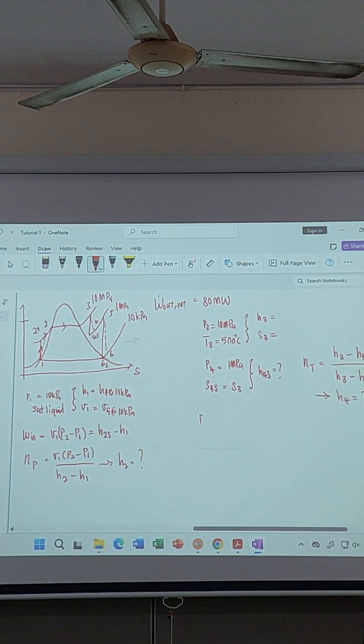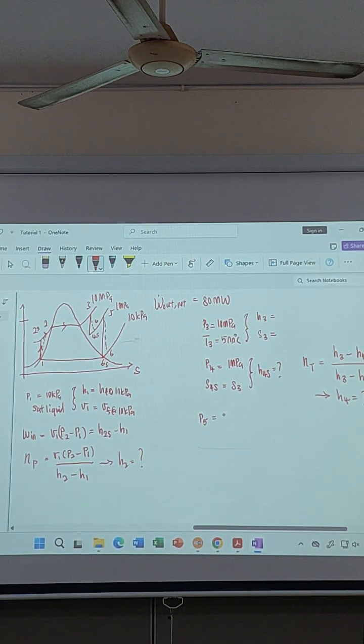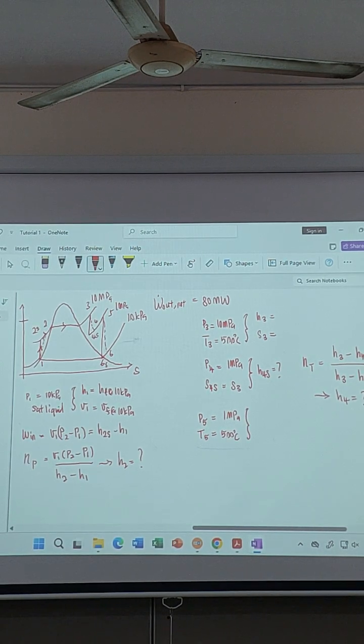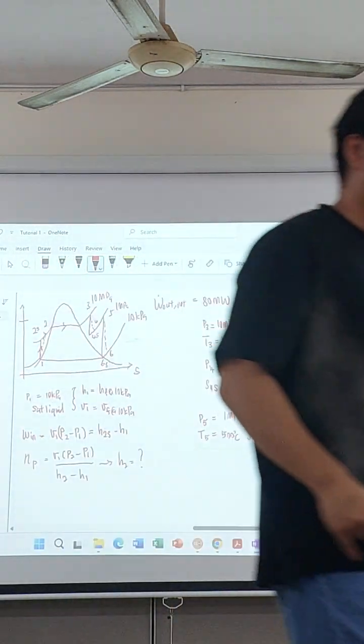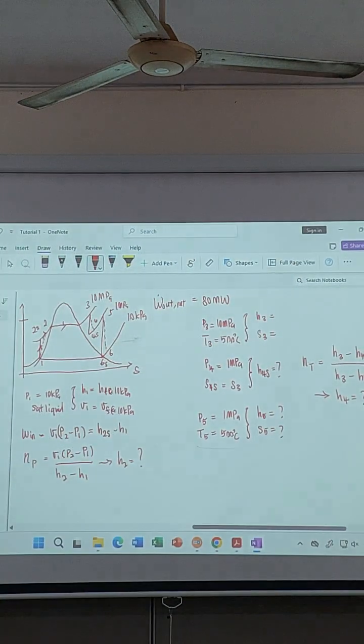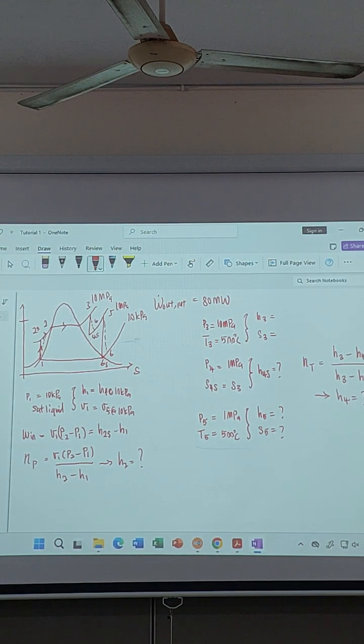Okay? So we jump to 5. So 5 is 1 megapascal. So T5 is 500 degrees Celsius. So from here, repeat the same thing. You can get H5. And once you get this, then you compare T6.